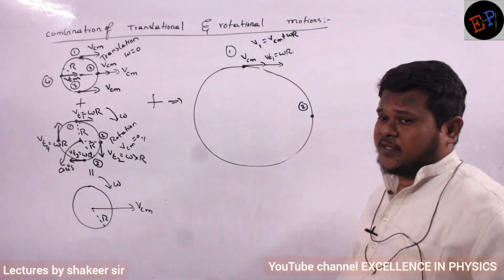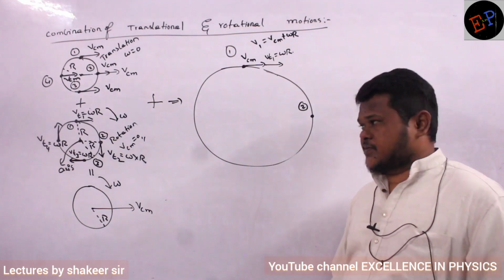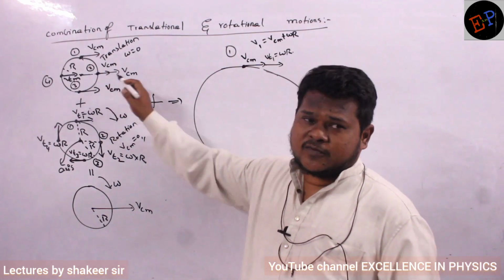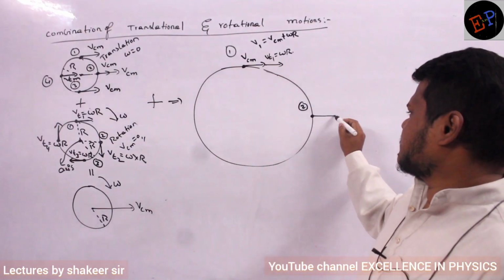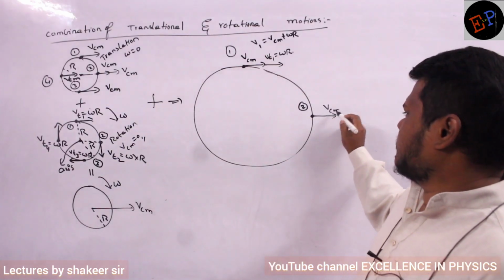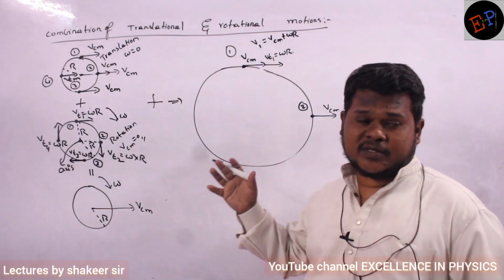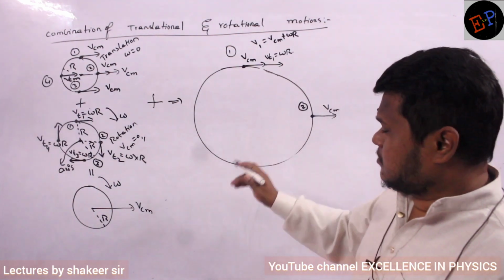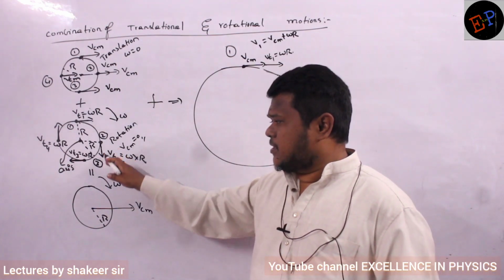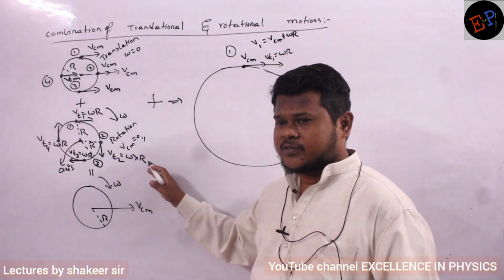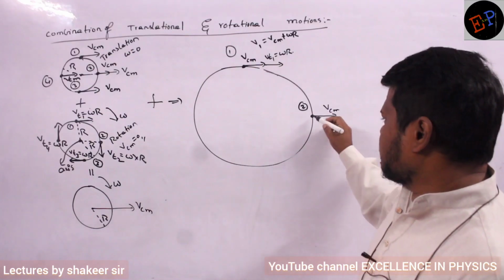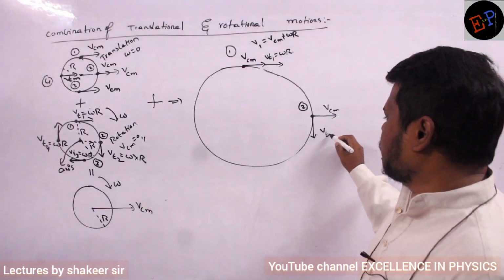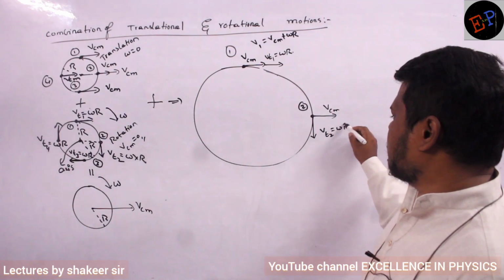Second point has how many speeds? Two speeds. What are the two speeds? Velocity of center of mass is in this direction. Translational velocity, velocity because of movement in a straight line. And because of rotation, it has a tangential speed in this direction, and how much is it? Omega into r. So it has one more velocity, which is called Vt2, equal to omega into r.